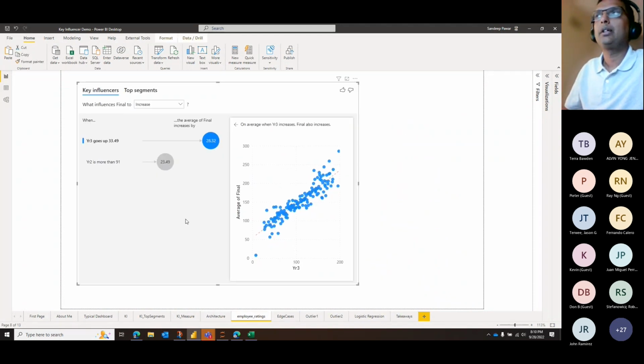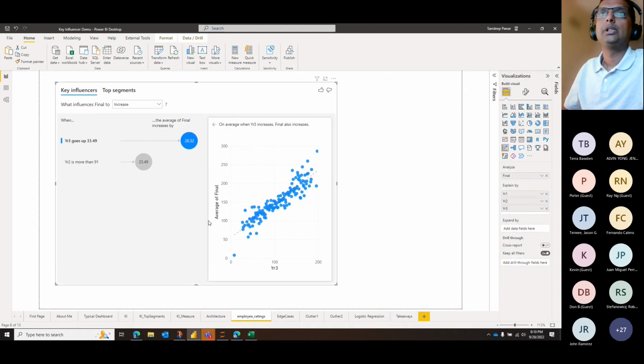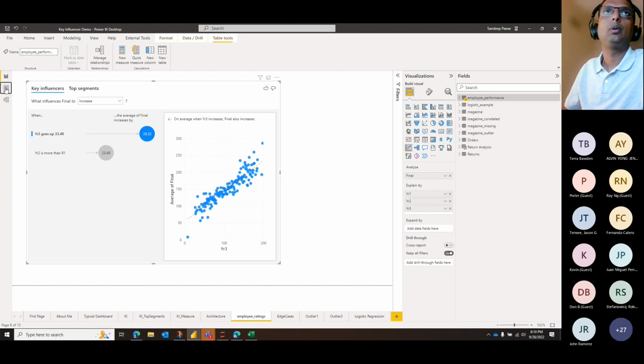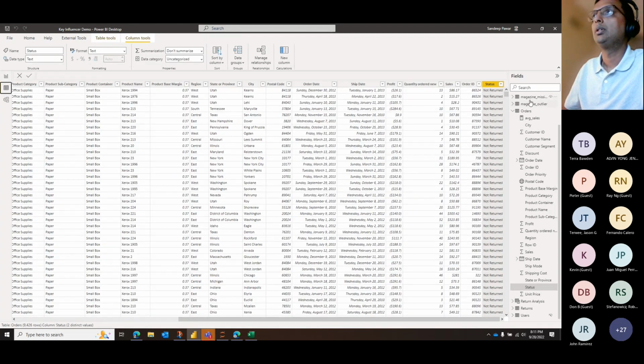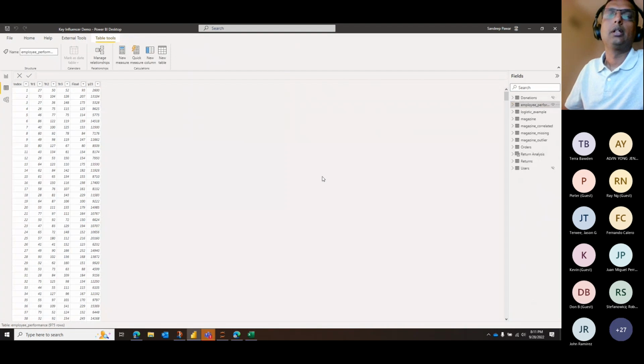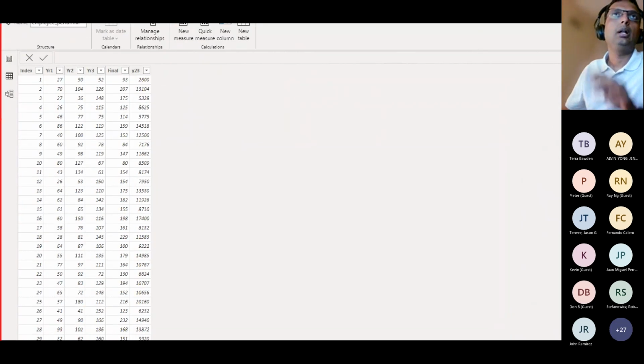This is another data set we have here, which is performance. Okay, so a very simple data set. Imagine this is a data set with maybe 1,000 employees.